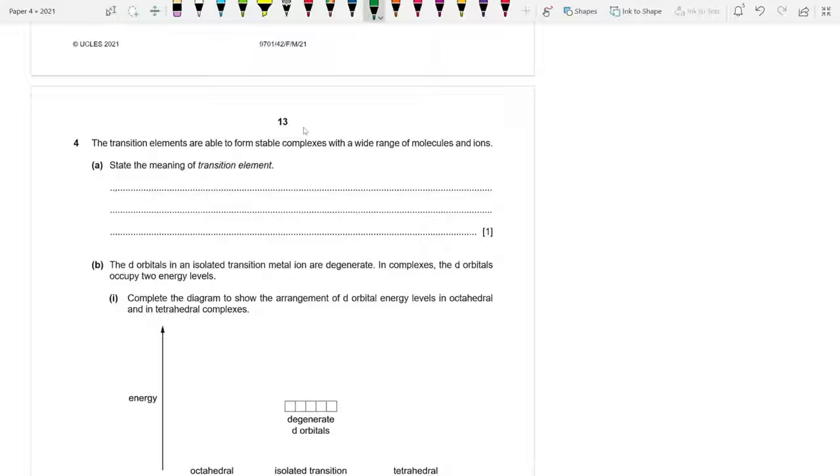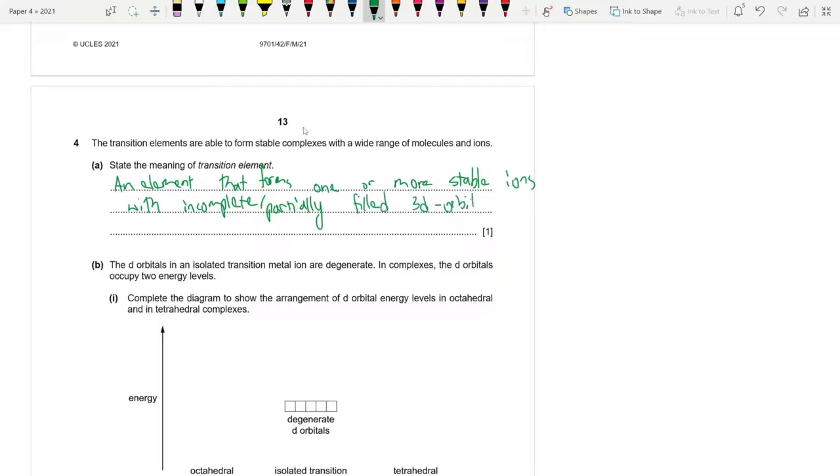So a transition element is an element that forms one or more stable ions with incomplete or partially filled 3d orbitals, or you could just opt for a d subshell.